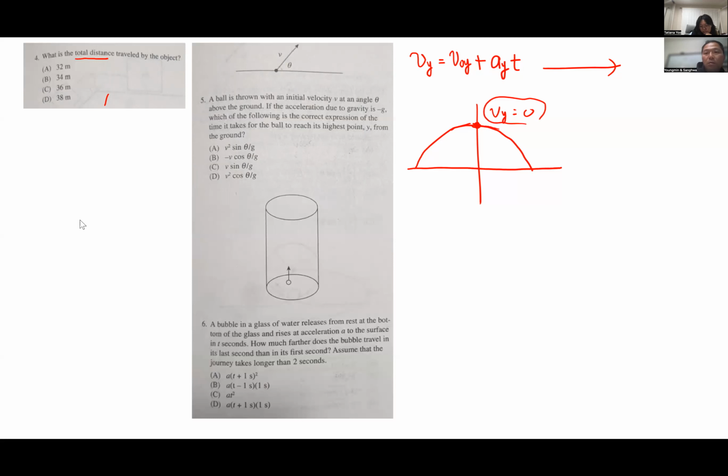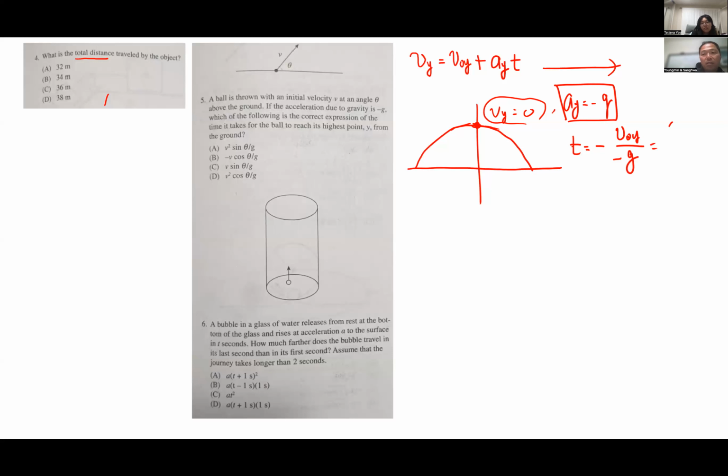So if you put that 0, and the Ay acceleration component is the gravitational acceleration constant, minus g, pointing downward. So you plug that in, then t must be minus the initial velocity V0y divided by the gravitational constant minus g.